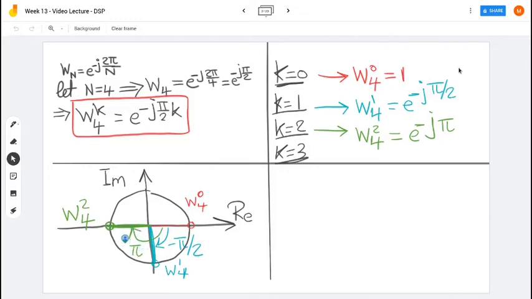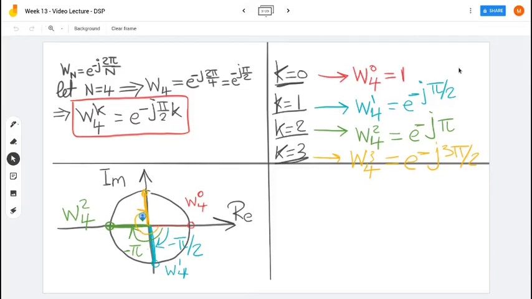Moving to the next value, k equal to 3, we get W4 to the power 3, which is e to the minus j 3 pi over 2, a complex number whose magnitude is 1 and whose angle is minus 3 pi by 2, this angle.